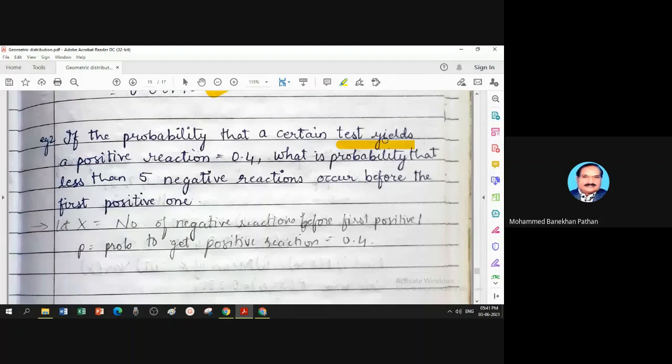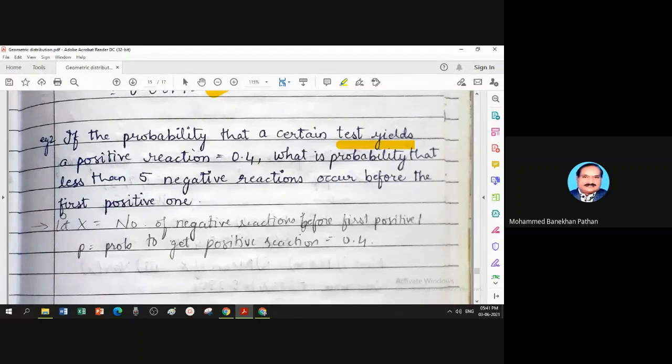That means when you apply the medicine to a certain patient, sometimes he or she gets a reaction. So the reaction may be positive, the reaction may be negative. So the chance of getting a positive reaction is 40%. And we want the probability of having less than 5 negative reactions before the first positive.